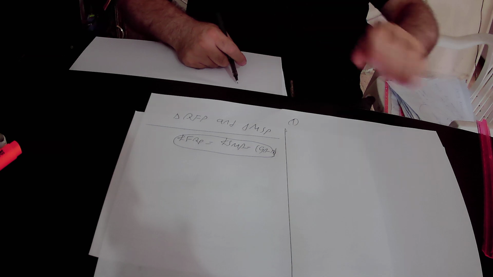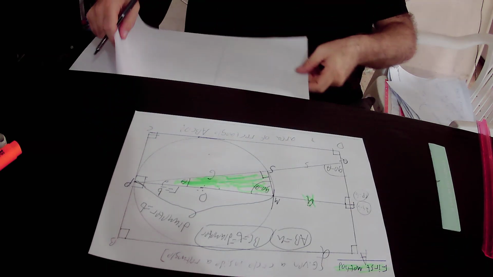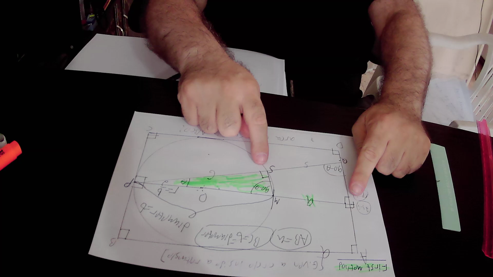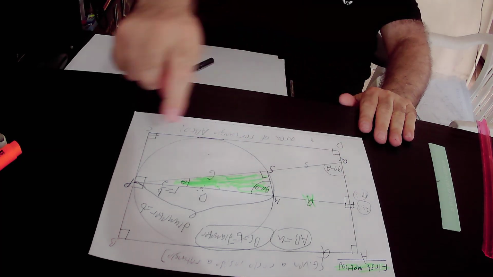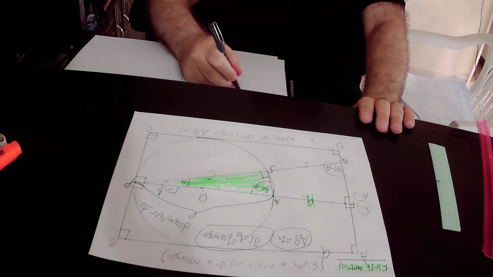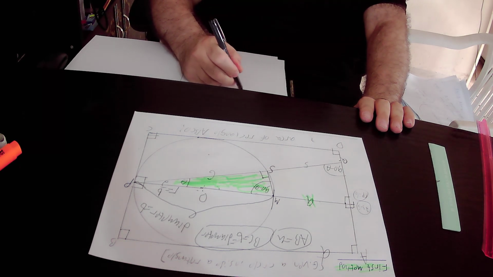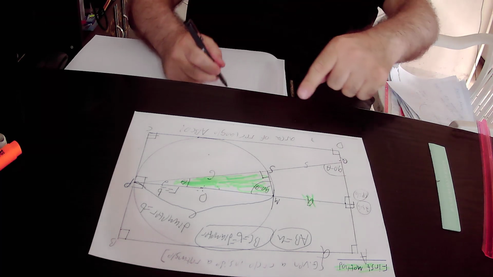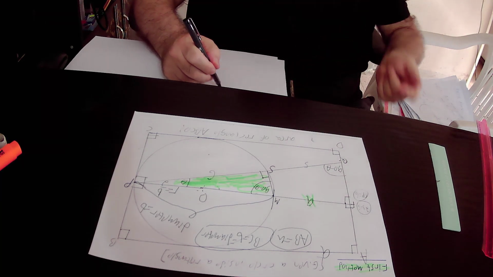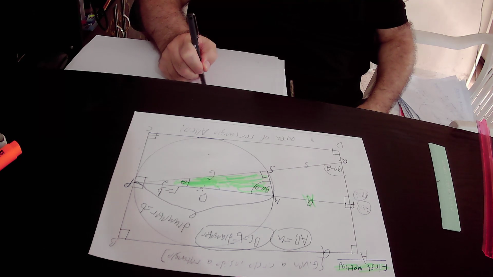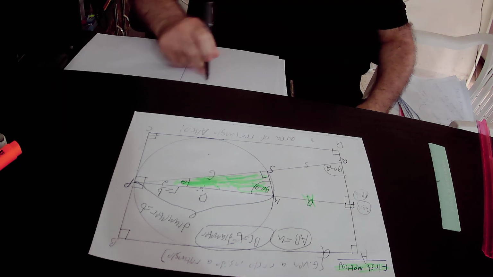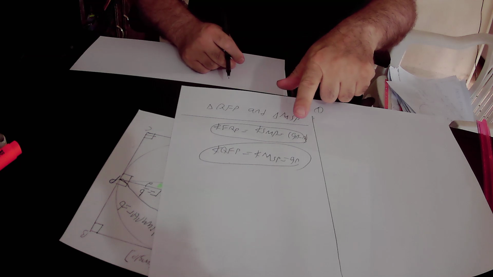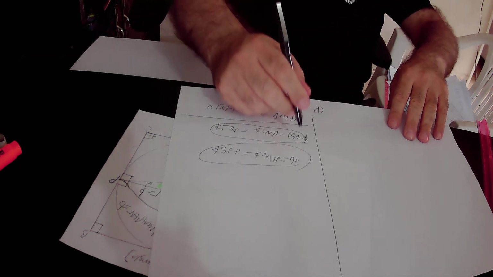They are both equal to 90 degrees minus theta, therefore they are equal to each other. In addition, those two angles are both equal to 90 degrees, therefore they are equal to each other. So here angle QFP is equal to this angle, that is actually angle MSP. They are both equal to 90 degrees, therefore they are equal to each other.